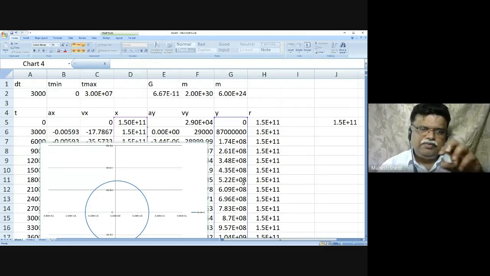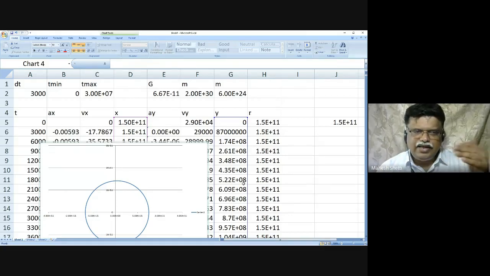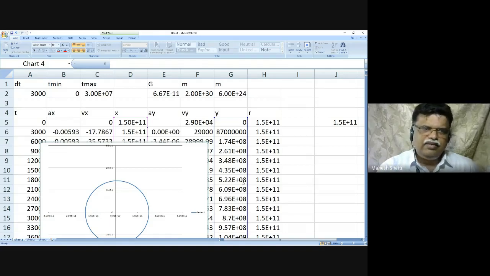At that point you are not calculating acceleration. In the next iteration you are calculating acceleration based on the earlier interval's x and v values. Then you are calculating velocity based on the present acceleration and the earlier velocity, because it is just added into that. Similarly, the displacement is the earlier value of displacement plus the present velocity multiplied by dt, and we are generating this entire series.